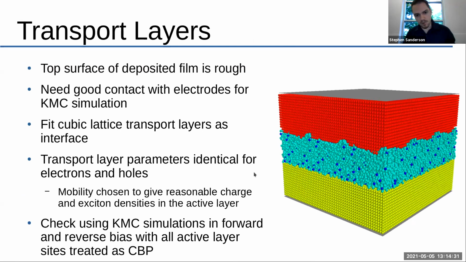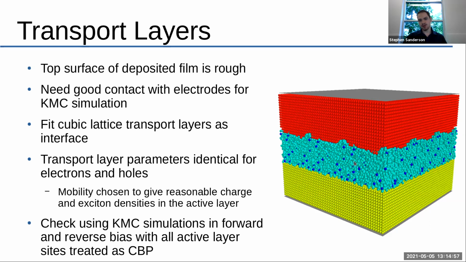Now, one other issue that we had to get around is that when we create these molecular dynamics deposited films, we end up with quite a rough top surface. If we were to put an electrode straight against that, you end up with injection hotspots at the peaks, which, because it's such a thin film, will probably distort some of our results.